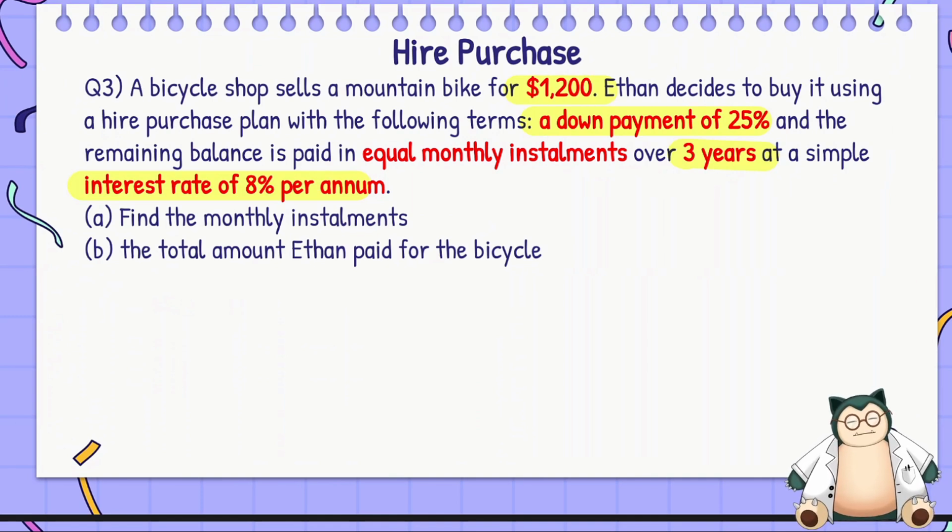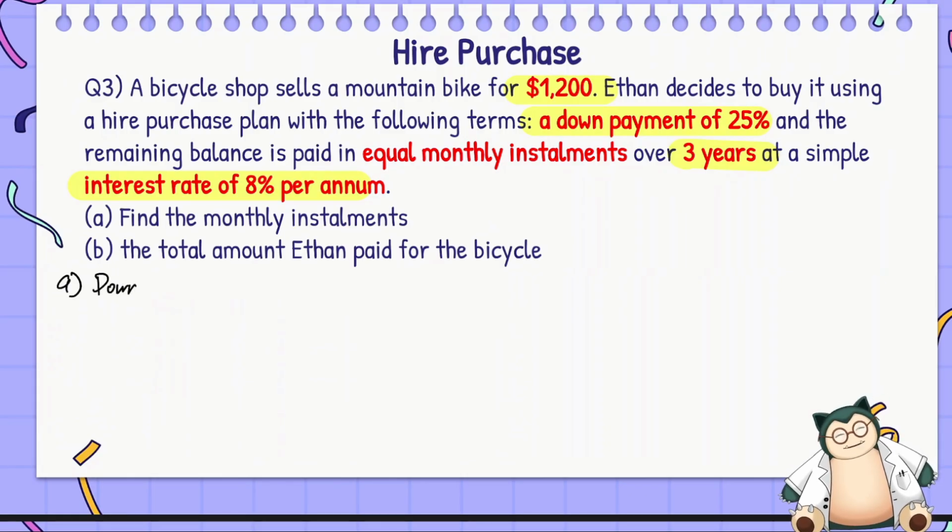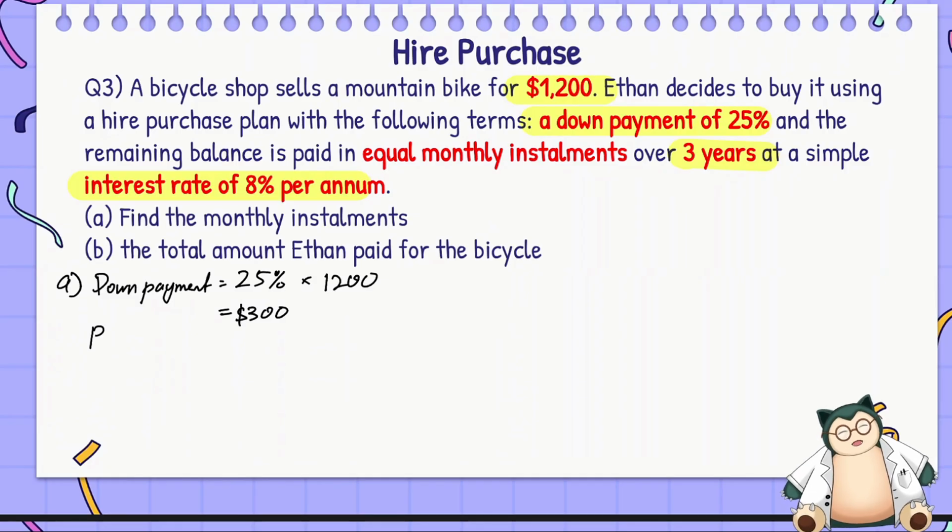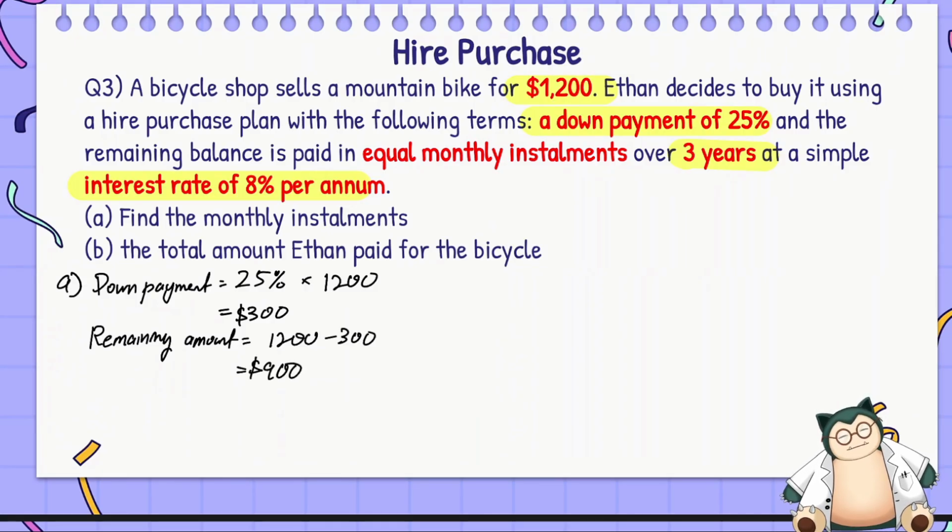Okay, so when you pay a down payment of 25%, for part A, let's find the down payment first. So the down payment would then be 25% of your initial $1,200, which gives you $300. Okay, next we calculate the remaining amount, because our interest is always based on the remaining amount that is unpaid. So we take 1,200 minus away the 300, and we get back $900.